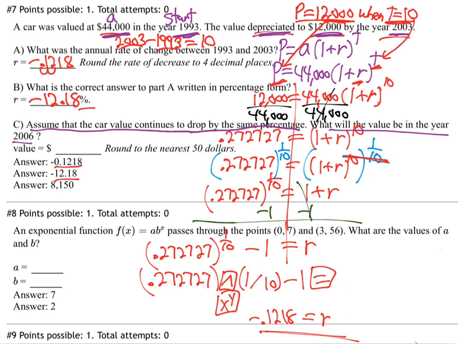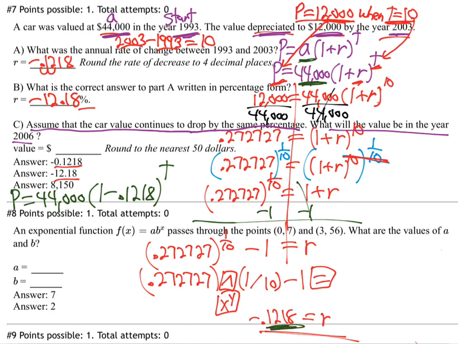2006. So now I've got this formula. Let me write it over here where I have a little room. I've got the formula P equals A. What was the A? 44,000. And then 1 minus 0.1218 to the t power, right?